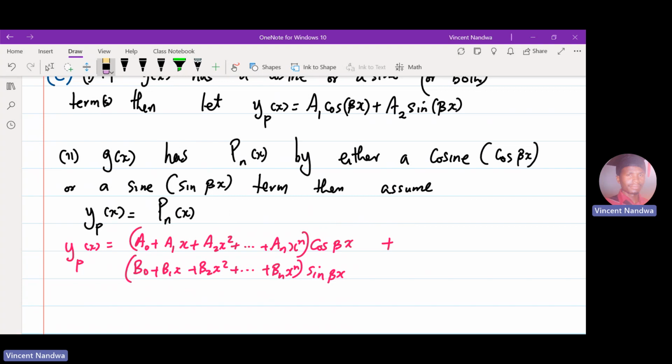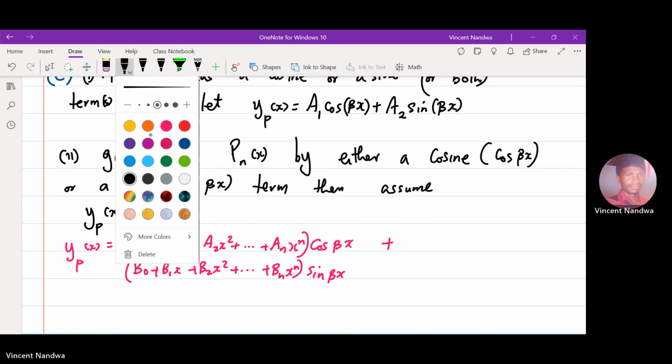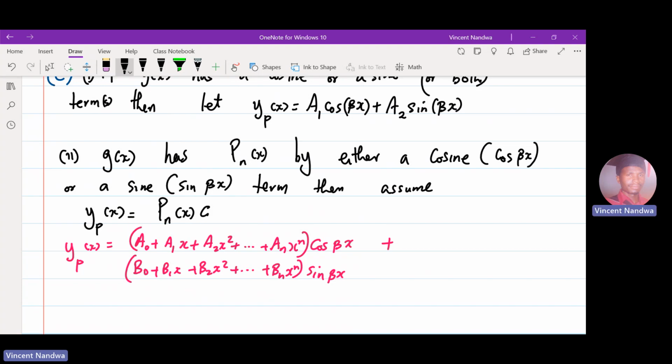So Pn cosine of beta x, and maybe if we like, we can write this one as Qn of sine beta x. All that is now clear. Have I responded to your question by correcting that? Good.